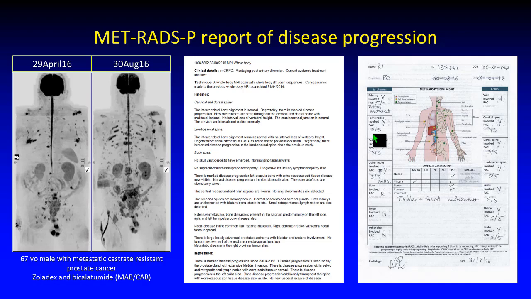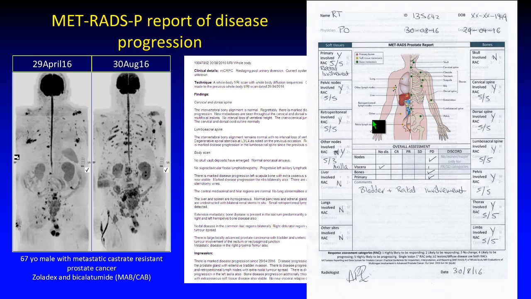So a few pictures, a text report, and the MET-RADS picture filled in by hand. Okay, so you can see on the left we have all the soft tissues. On the right we have bones. Is there involvement? Yes or no? Simple, per region.